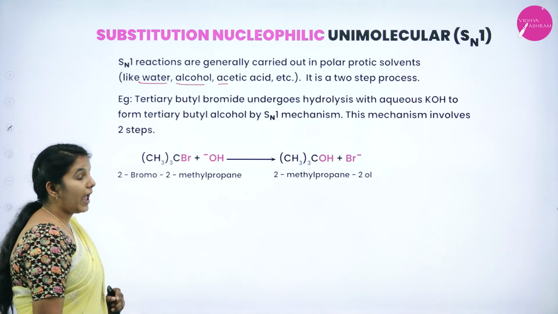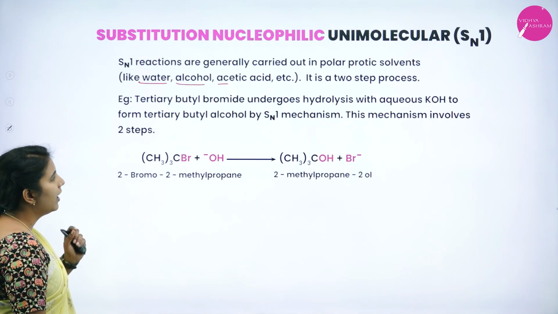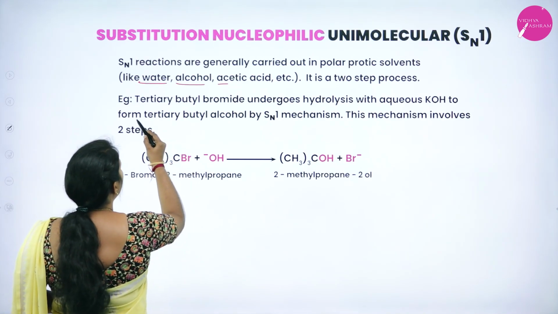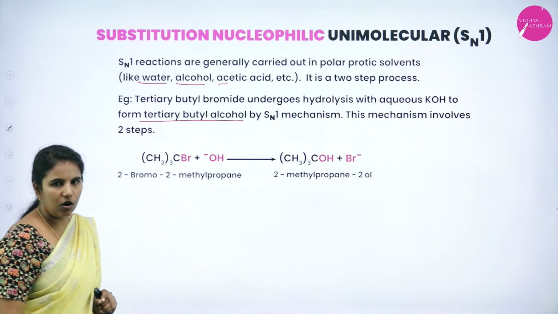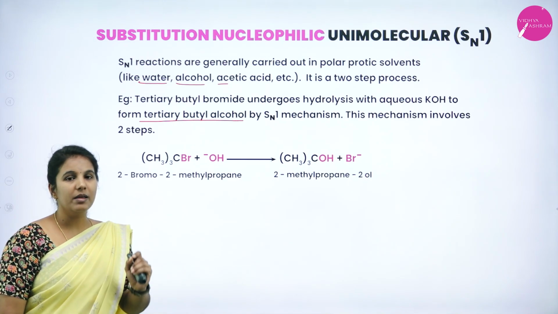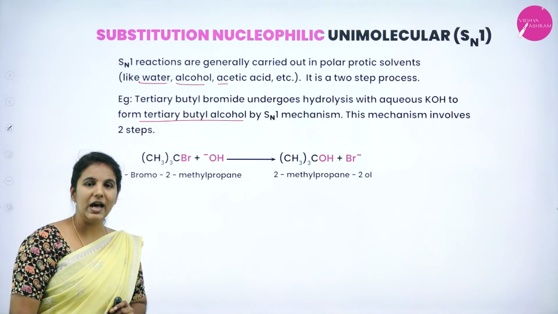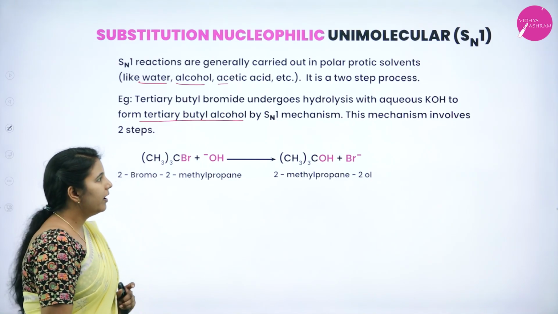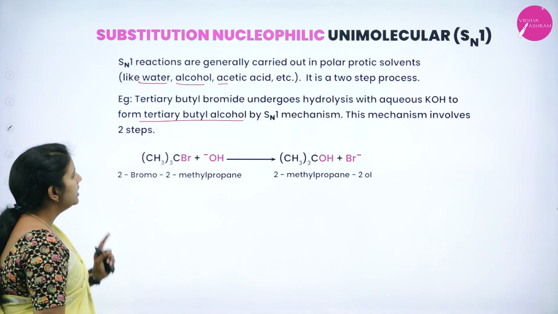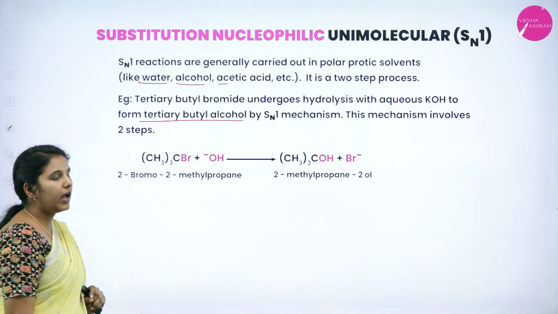The example for this is tertiary butyl bromide undergoing hydrolysis with aqueous KOH to form tertiary butyl alcohol. This mechanism is known as what? SN1 mechanism, because it is a substitution nucleophilic unimolecular reaction or first order reaction, and the mechanism involves 2 steps. Let us see how the reaction takes place by considering tertiary butyl bromide.